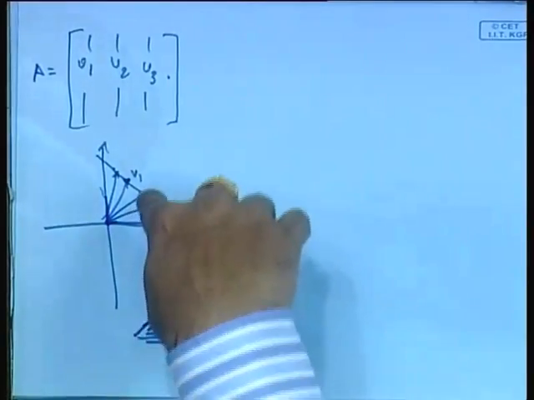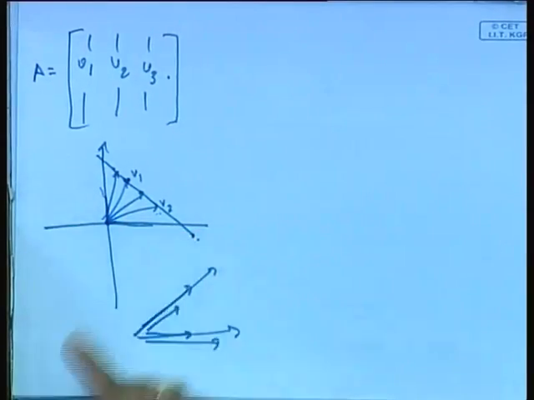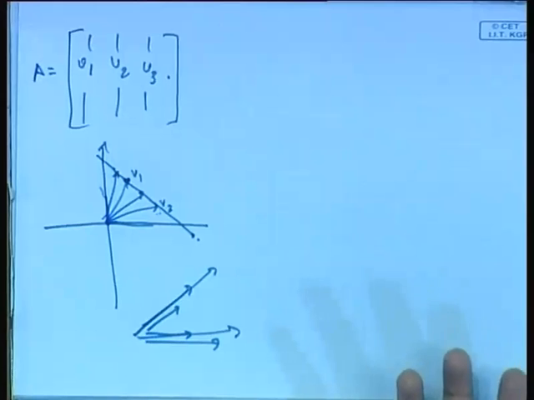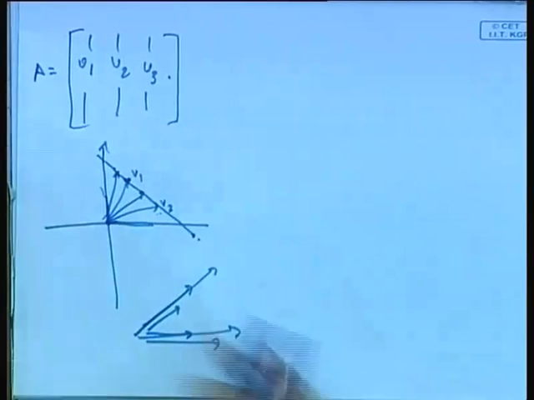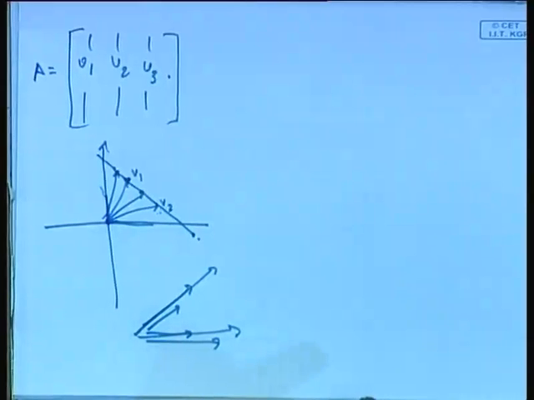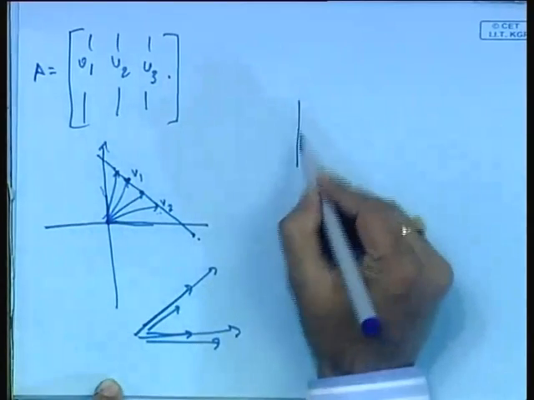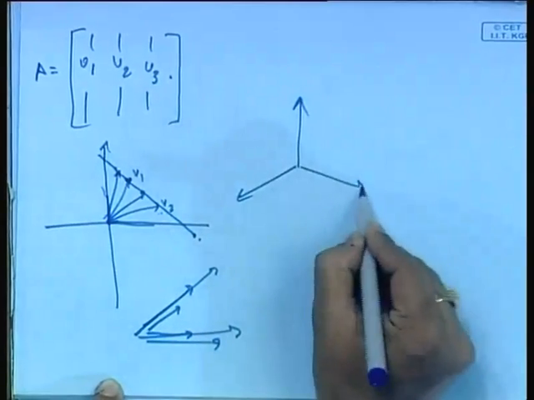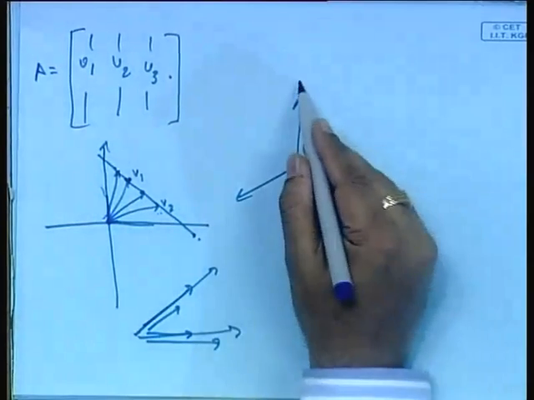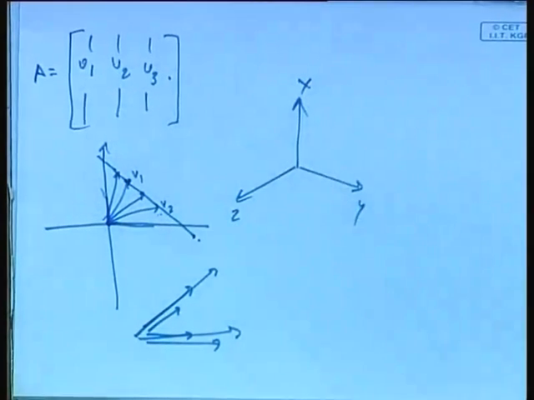Actually the problem is, in 2 dimensions you can't talk of 4 vectors, because in 2 dimensions more than 2 will always be linearly dependent. That's why I said 2 dimensions is not a good example. If you talk of 3 vectors in 3 dimensions, then it makes sense, and they might be orthogonal. These 3 vectors, the x axis, y axis and z axis, are definitely orthogonal, and you cannot really do anything better.